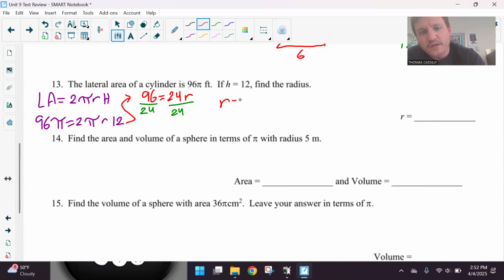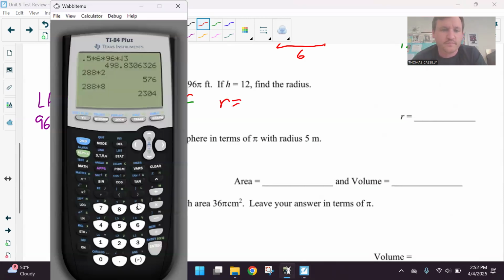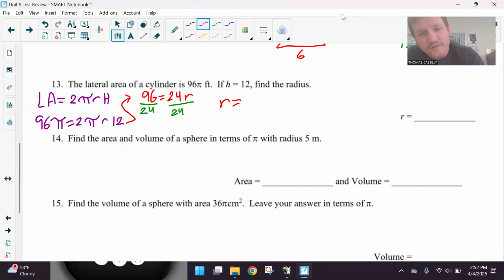It's probably like 3. Let's just double check. 96 divided by 24. Oh, see, it's 4. Glad we checked. So the radius is 4. Can you tell I'm doing these for the first time? Your radius is 4, and that one's done. They're saying find the radius. We did. Now, if they said find the diameter, double it, but they don't, so we're fine.